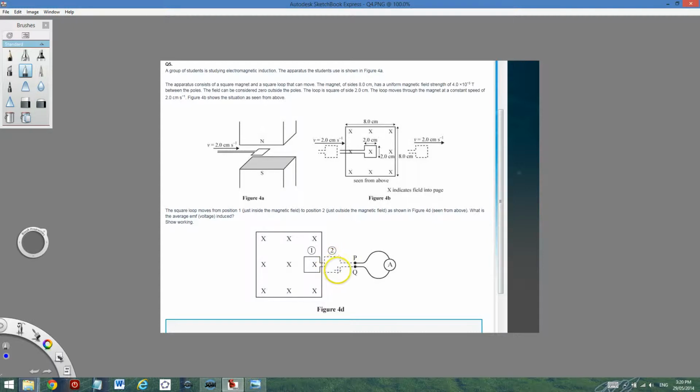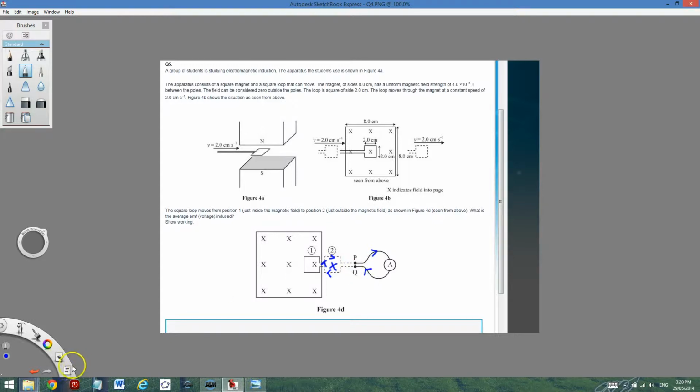Then what it tries to do, use our right-hand rule. Magnetic field goes into the page and try to grab each wire. So you get this. You get current flowing from this to point P, travel through the ammeter, then go to point Q.